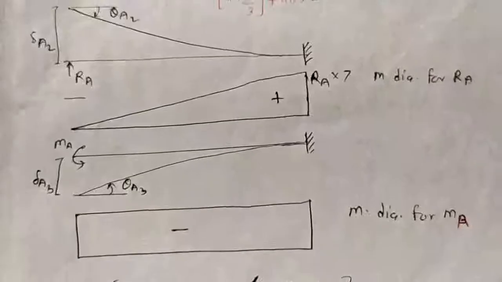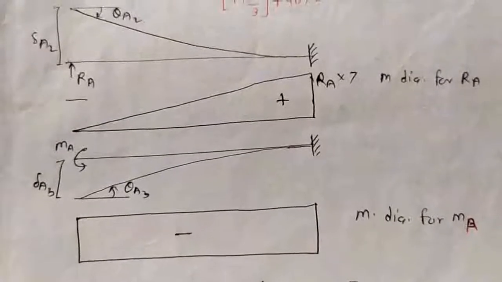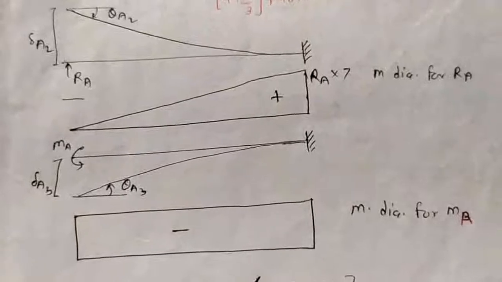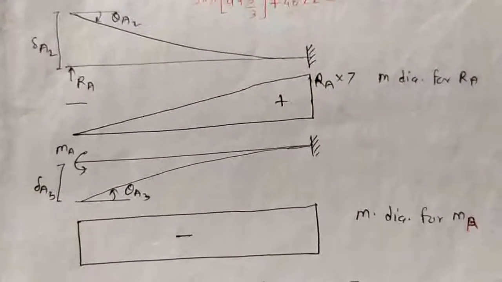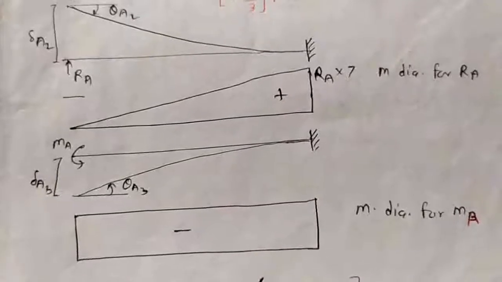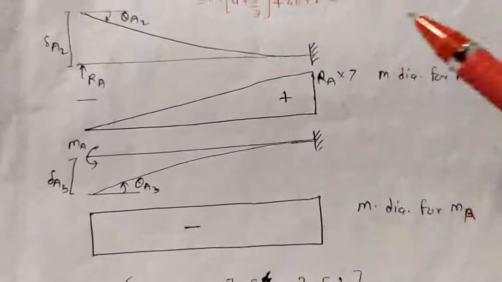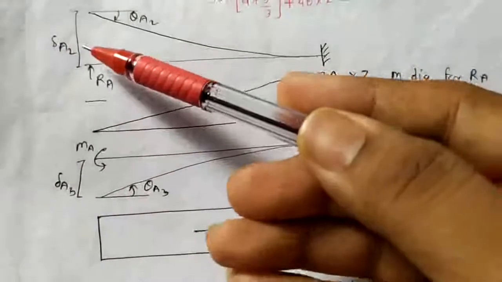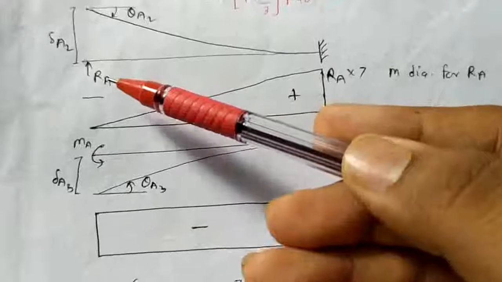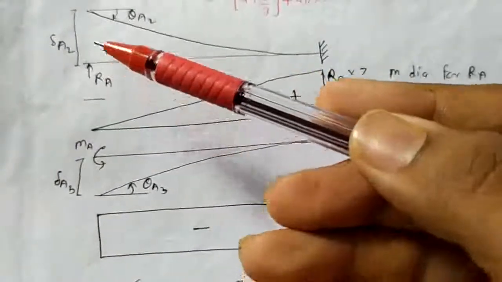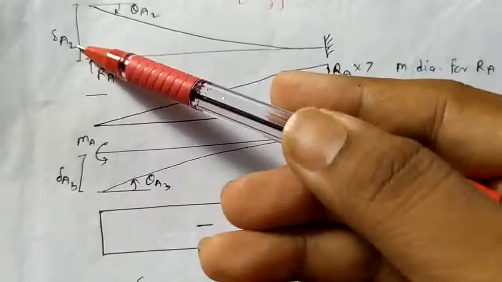Of course, as there are two unknowns, RA and MA, for this type of problem we have to use two sign conventions. For RA we'll apply the sign convention for delta, because RA is a force. For a force, the governing deformation is the displacement.